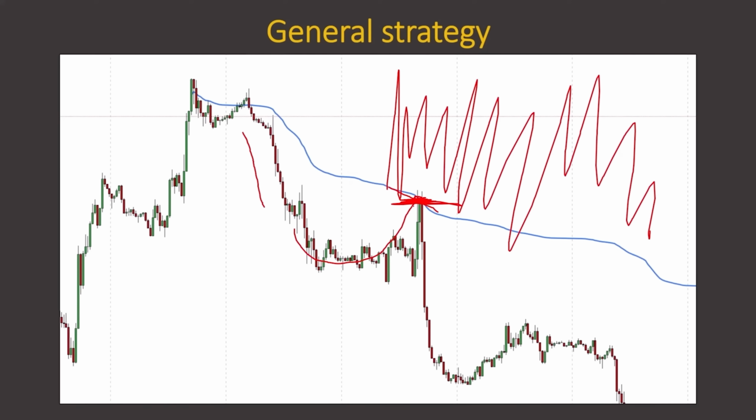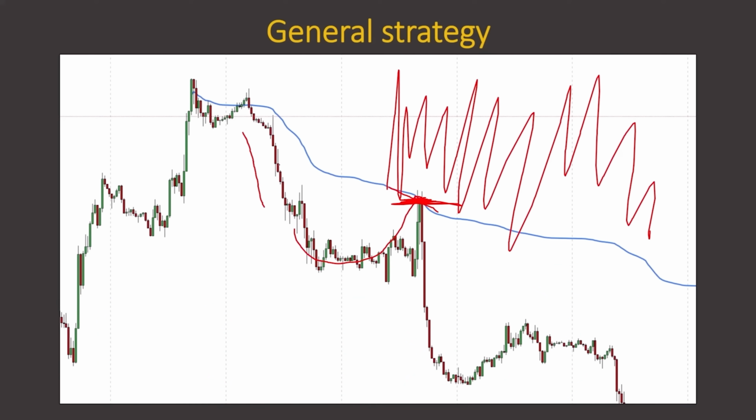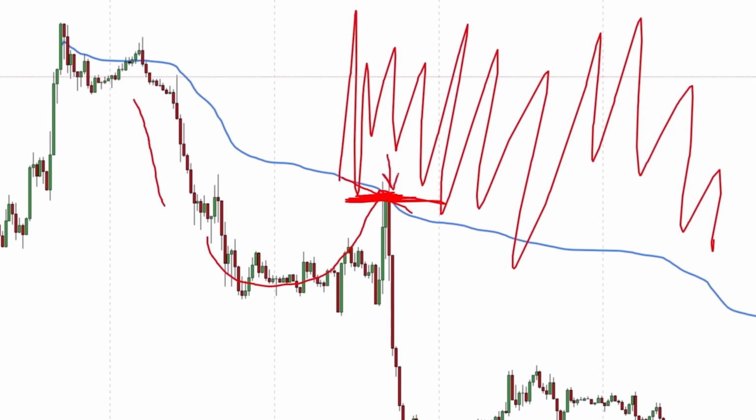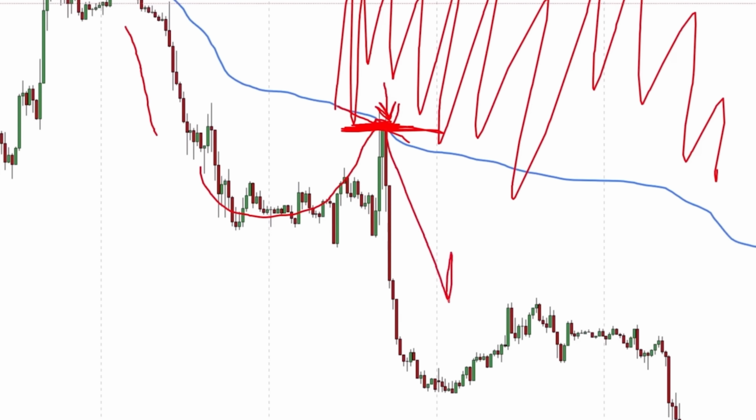That's how it could look for an institutional algorithm. Sell at VWAP or better. So in this picture, you see the price dropping below the VWAP, then making a pullback to it, and sellers selling for the fair price, for the average price here, and then that triggers the sell-off, right?